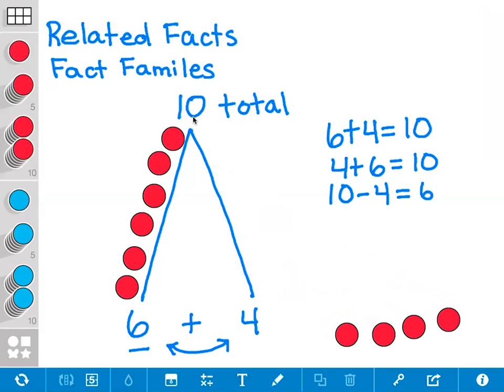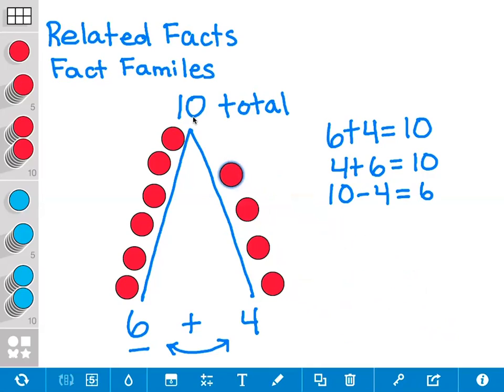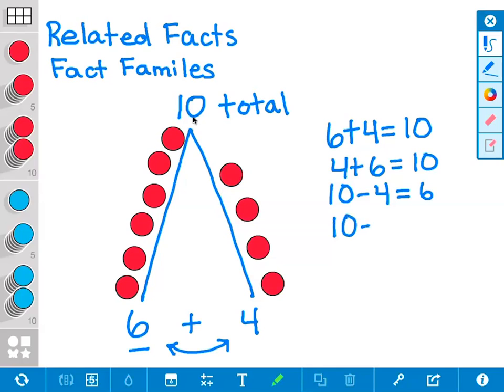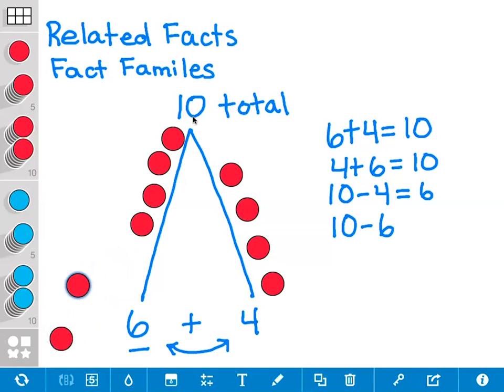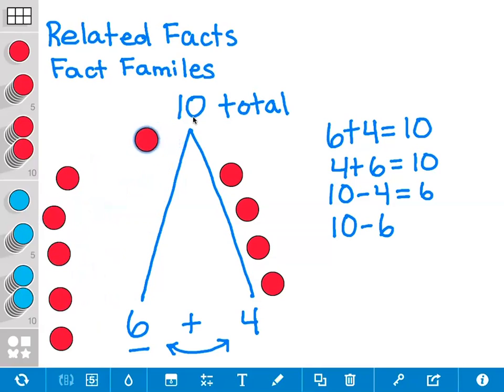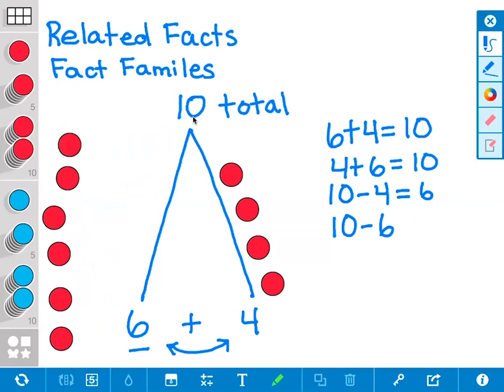Now I can put the 4 back. 1, 2, 3, 4. I can take 10 and I'm going to take away the 6. 1, 2, 3, 4, 5, 6. And I see that I have 4.